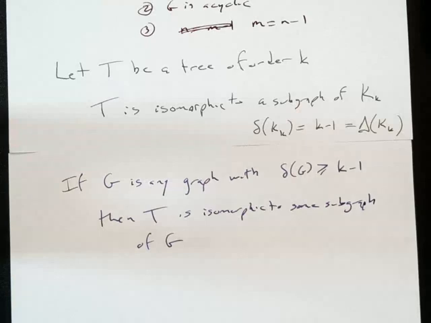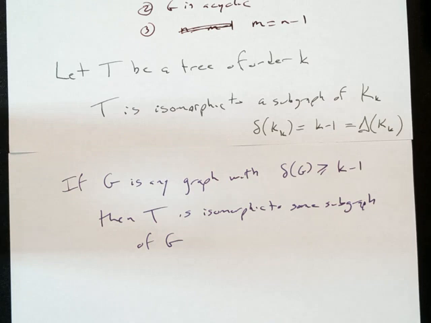So every tree on the right number of vertices appears in some larger graph whose minimum degree is k minus 1.